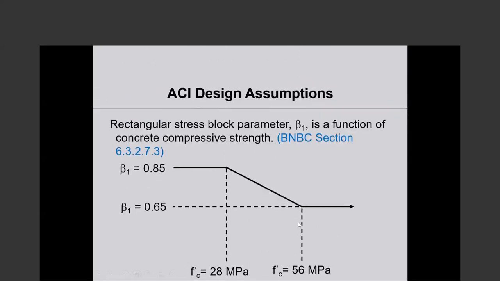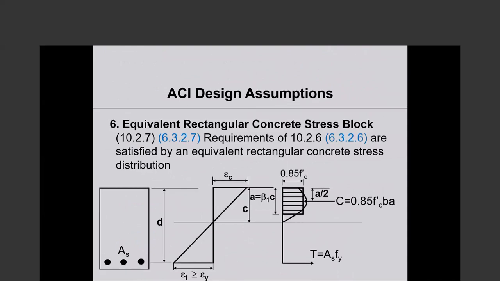So let us say we take the tensile force, A sub s f sub y. That is a tensile force and a compressive force. The distance between the two is d, the so-called effective depth, from the extreme compression fiber to the centroid of the tension reinforcement. The distance between the compression force and the tension force is d minus a by 2.